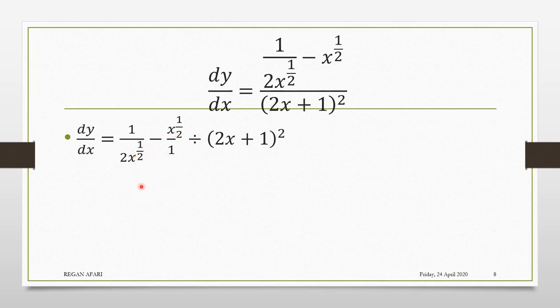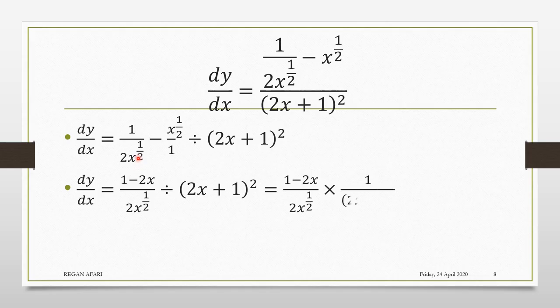The LCM of this is 2x raised to the power half, isn't it? So this is how we go about it. Now the LCM is this, okay? It's the same as 2x raised to the power half, but this 2x raised to the power half will go into 2x once, okay? So 1 times the numerator 1 will give you 1.